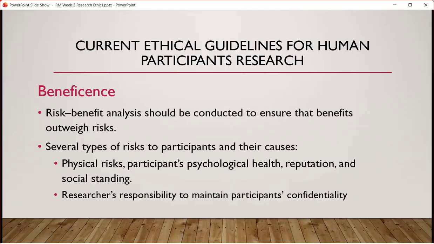So again, since we're looking at the field of psychedelics, if the substances and the practices are illegal, then there's the risk that the participant's reputation or social standing could be damaged if it was known that they participated in quote unquote illegal research or research with an illegal substance. And essentially, it is the researcher's responsibility to maintain participants' confidentiality and anonymity as requested.